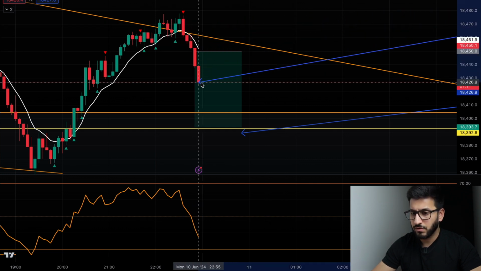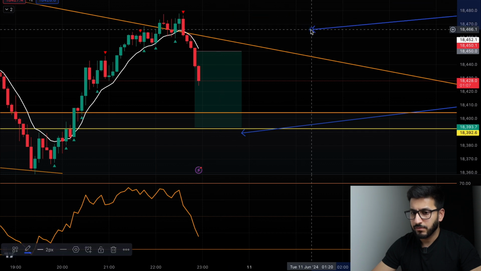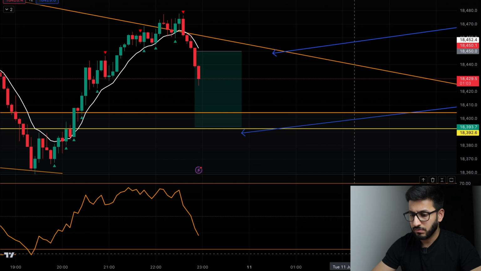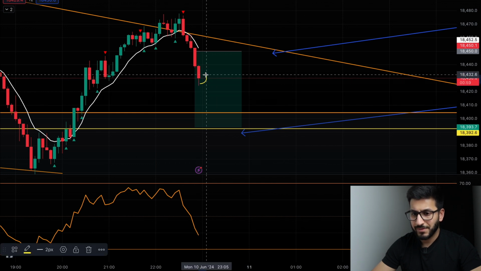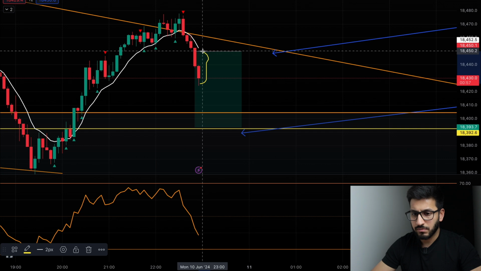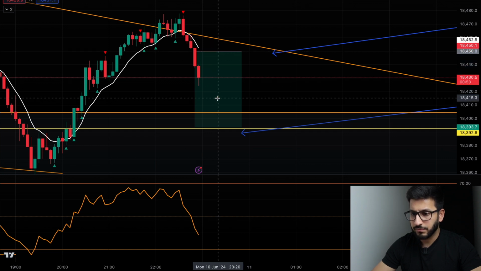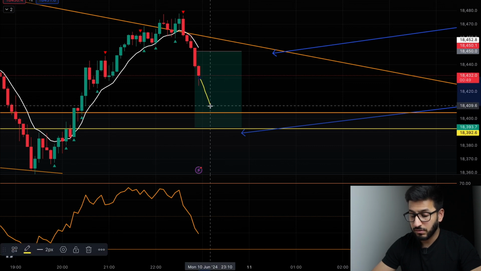So 1, 2, 3, 4, 5. You can see that it's 5-minute bars. They're all sell. So I am a bit on this side that it might come up there and then come back down. I like to prepare myself for worst case scenarios, or just down like that.